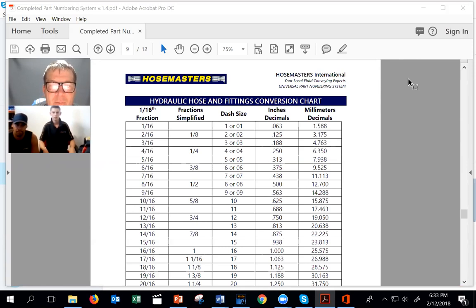But if you see something that goes to millimeters, its dash size will be in millimeters, and usually they round off. So if you look at any of the hoses we've sent, you'll see that they'll have both imperial and metric, just to confuse you some more. Does that make sense? Any comments, any questions? Steve, does this make sense to you?